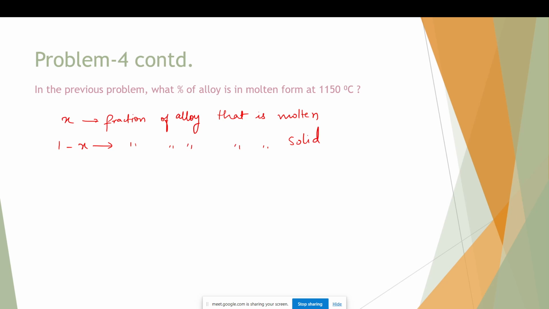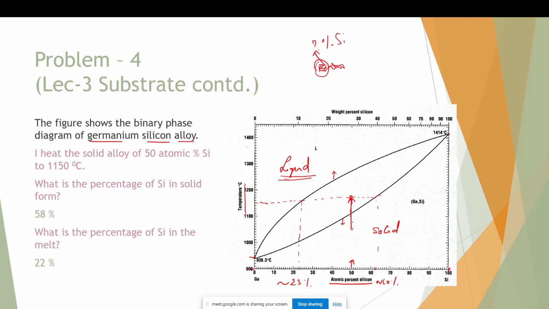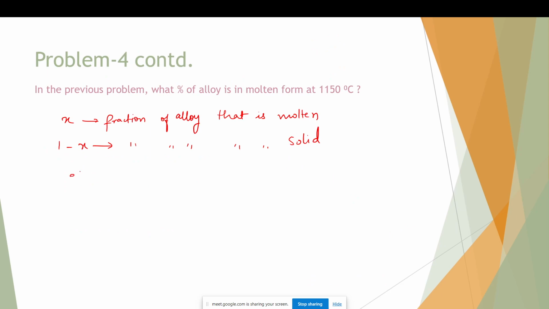From the previous question, we saw that the percentage of silicon in the melt is 22%, so in liquid it is 22%, and the percentage of silicon in solid is, I think, 58%.